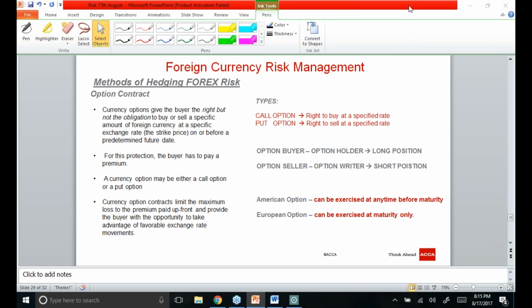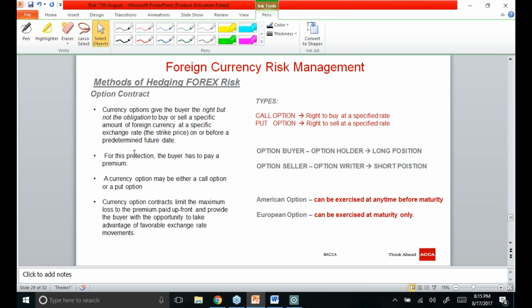Okay, let's move to the next area. That is currency options. What is it? A currency option gives the buyer the right, but not the obligation, to buy or sell a specific amount of currency at a specific exchange rate on or before a predetermined future date.